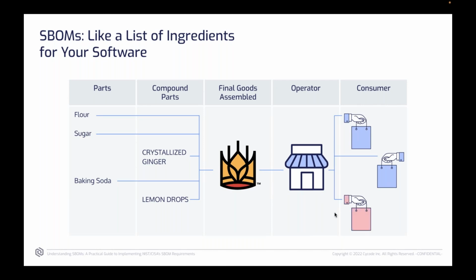And oh, by the way, this person down here, we'll call them Robin. Robin has a severe milk allergy, and so this store, being concerned about their customers, wants greater transparency, goes back to King Arthur Baking and says, hey, look, we need to also know what's in your compound parts.